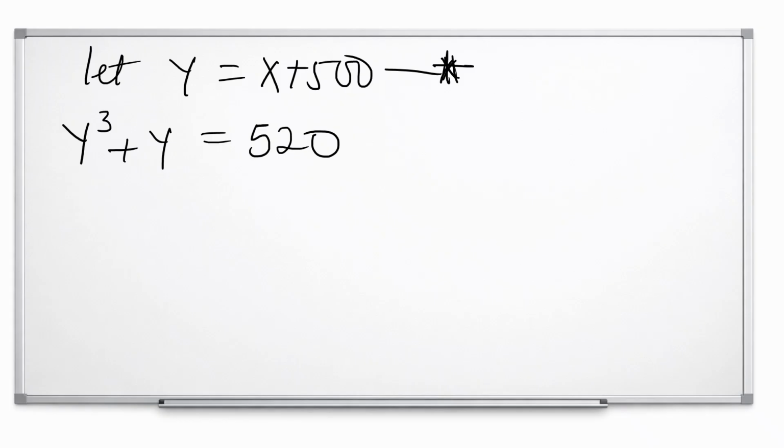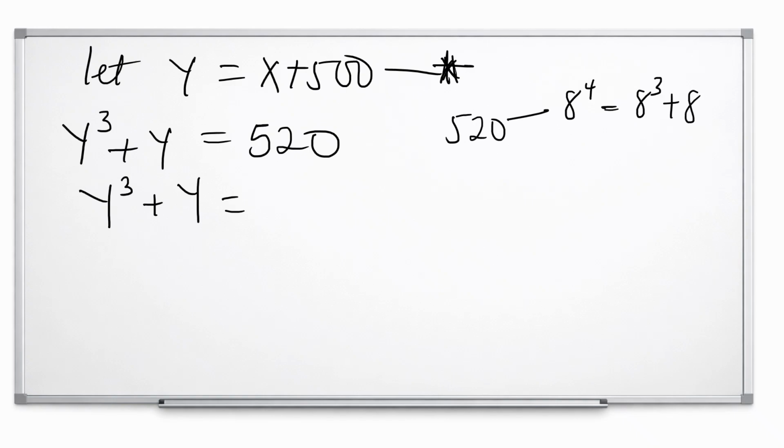Now, I'm having a cubic equation. How can I break this cubic equation down? I'm going to apply a trick here. Here I have y^3 + y = 520. 520 can be written as a multiple of 8, which is 8 times 65, so it can be split as 8^3 + 8.